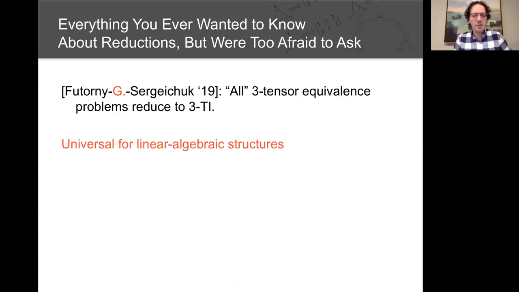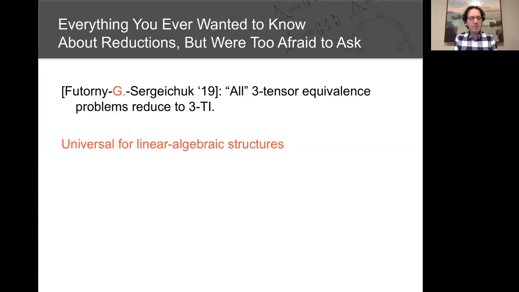Okay, and one of the things that I did with various collaborators is remedy that situation. So with Futorny and Sergeychuk, we proved that all of the problems listed on the previous page reduce to 3 tensor isomorphism. Another way to phrase this is exactly that tensor isomorphism is universal for linear algebraic structures. Remember at the beginning, we said graph isomorphism is universal for discrete structures where you have a finite set and some relations and functions.